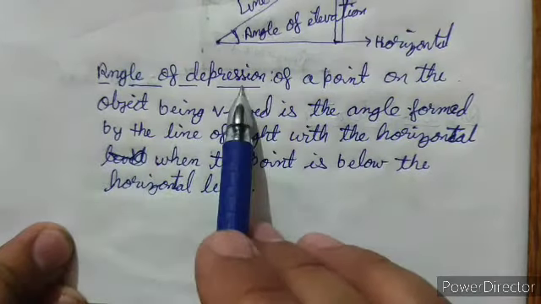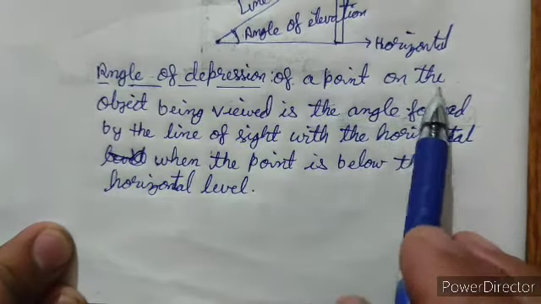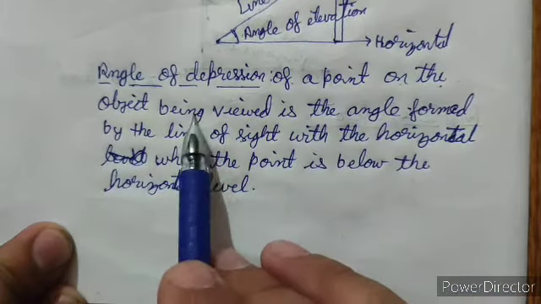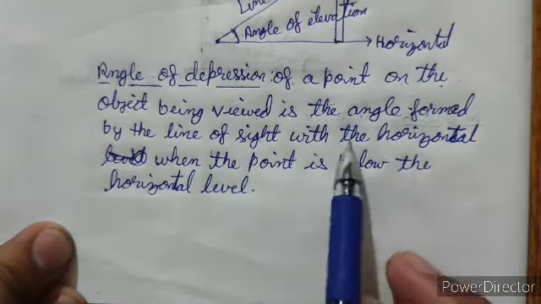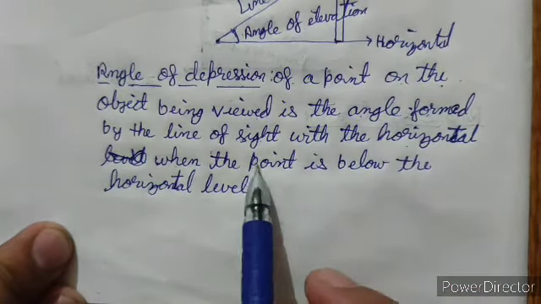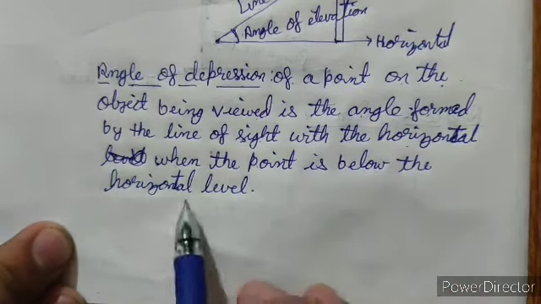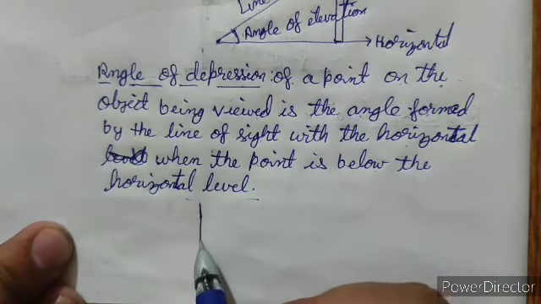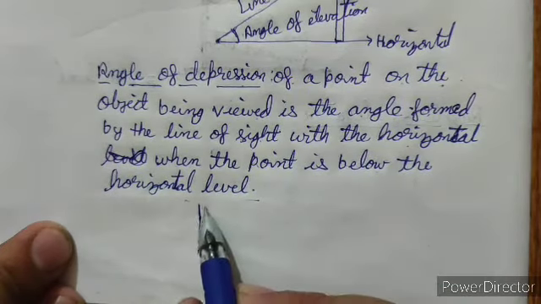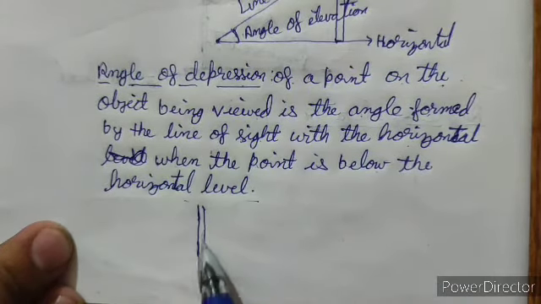Now, angle of depression of a point on the object being viewed is the angle found by the line of sight with the horizontal when the point is below the horizontal level. Now suppose we are viewing an object from a top of a building on the ground.